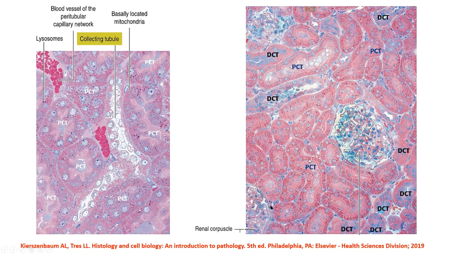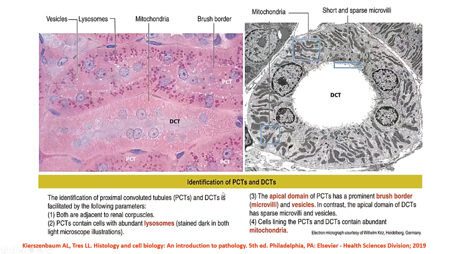In the PCT, the tubular cells are larger with much more abundant, dense eosinophilic cytoplasm and you can also appreciate the brush border like elements, while in the DCT, the cells are smaller with much scanty cytoplasm and the brush borders will not be seen. So these are the various points of identification of the proximal convoluted tubules and the distal convoluted tubules. And in this image towards the left, you have got these nicely stained lysosomes at the same time.